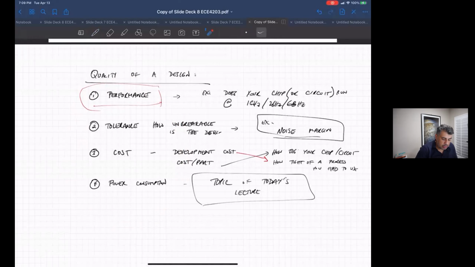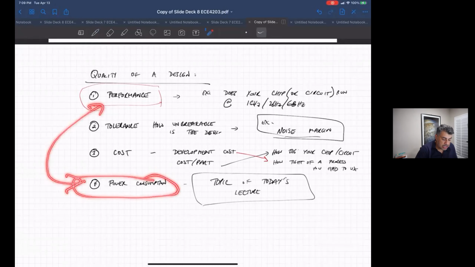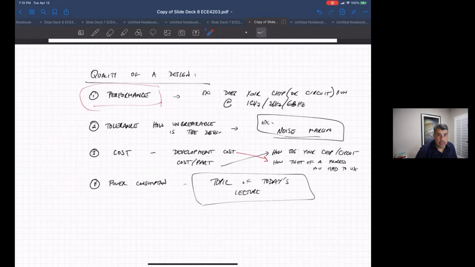One of the really big trade-offs is power consumption versus performance. Typically, the faster you run, the more power consumption your circuits take.